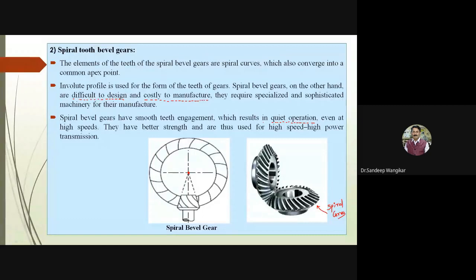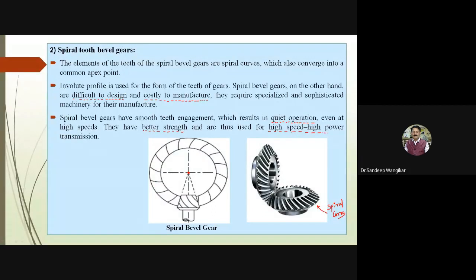Here, the spiral teeth gears operate quietly at higher speed, and they have better strength and thus are used for high speed power transmission. That is another advantage of the spiral nature of the teeth: better strength, suitable for high speed or high power transmission applications.